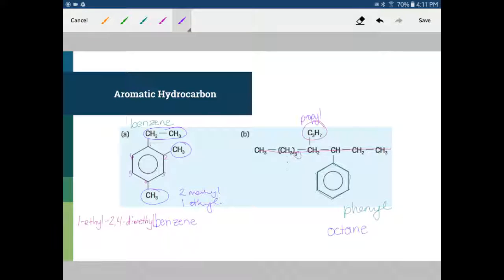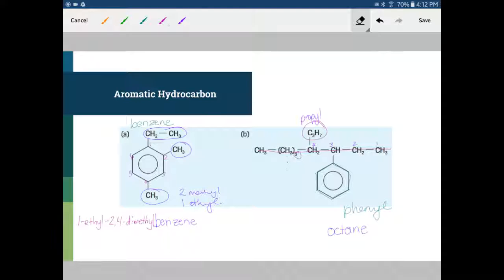Again, because there are no double or triple bonds in this chain, we're going to number this, and I would say that if we number it from right to left this time, we're going to get our lowest numbers. So we have 1, 2, 3, and 4, whereas if I number it from the other way, I have 1, 2, 3, 4, and then 5. Because of that, I'm going to just erase these numbers because they don't matter.